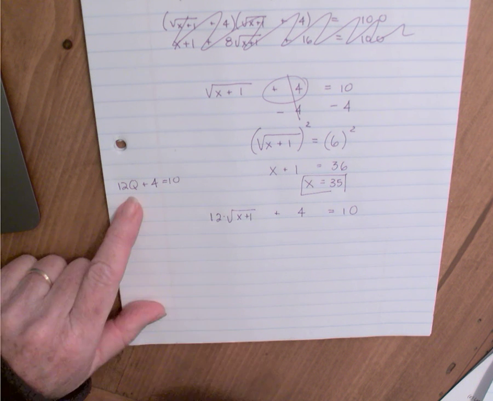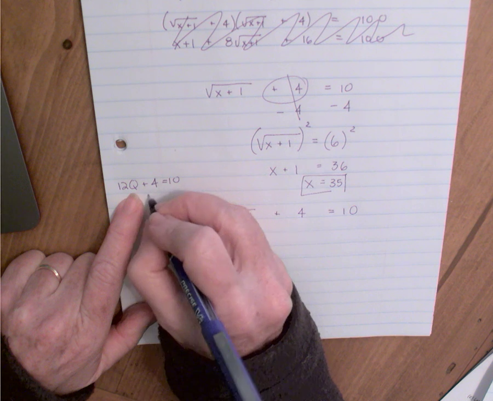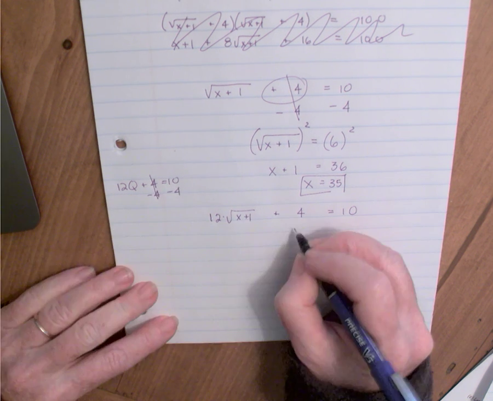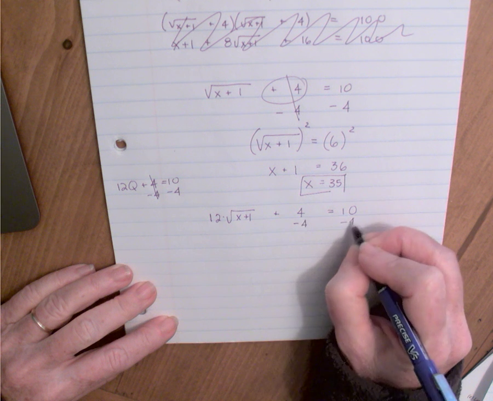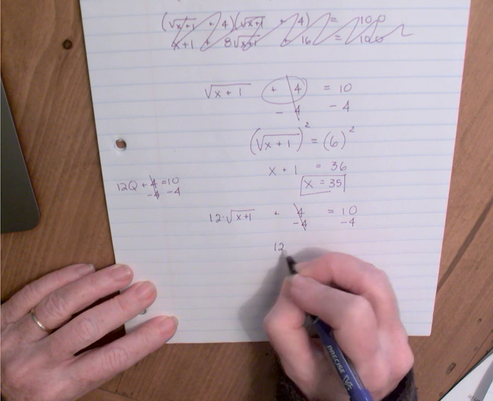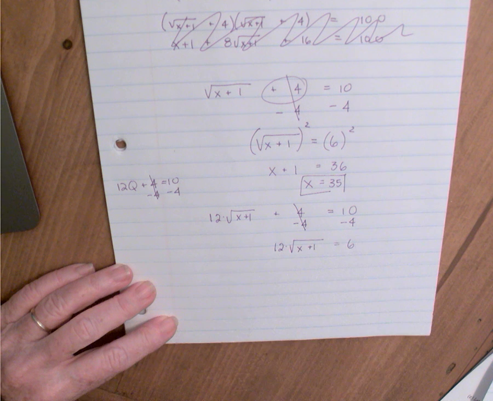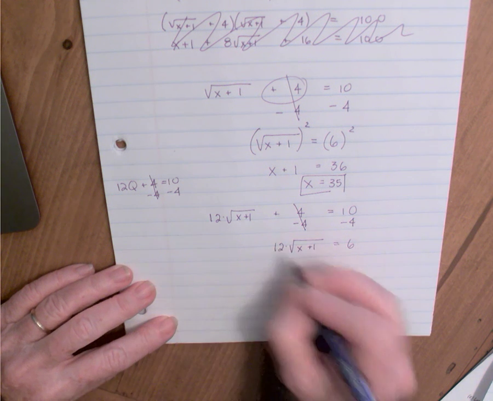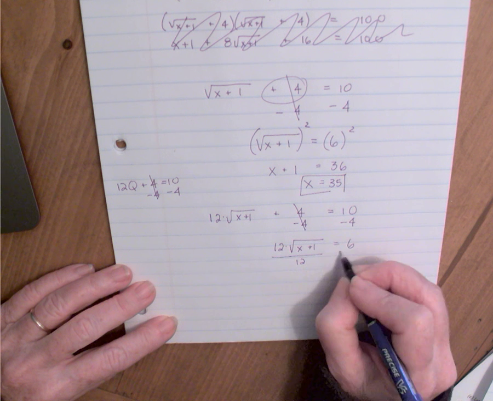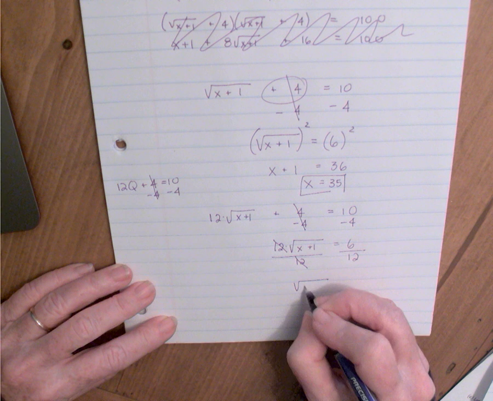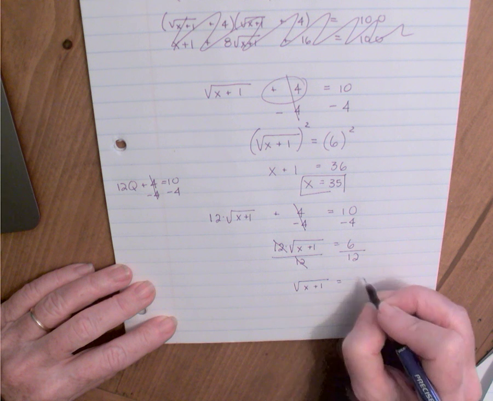Let's worry about this thing later, but the first thing we would do is subtract 4 from both sides. So we'll do the same thing here, which gives us 12 times the square root of x plus 1 is 6. And now, still, I'd like to get rid of that 12. So I'm going to divide both sides by 12. And we're left with square root of x plus 1 equals 6 over 12, which is 1/2.